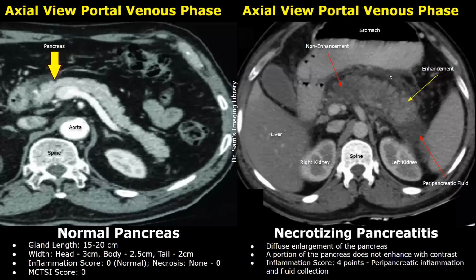These collections can be fluid or fat stranding and necrosis outside the pancreas. Also, there is diffuse enlargement of the pancreas. The inflammation score will be 4 due to the presence of peripancreatic fluid.